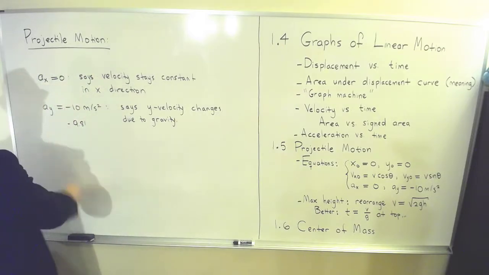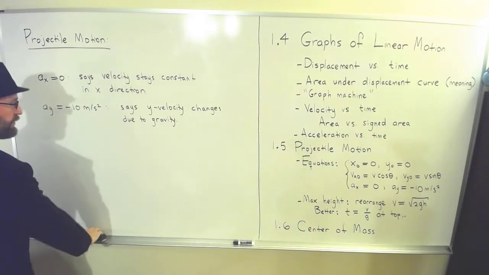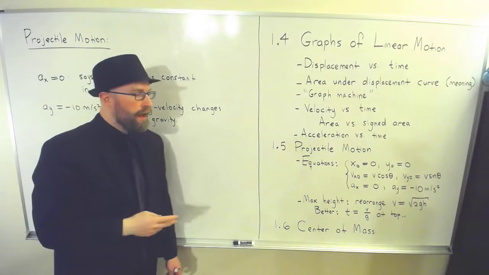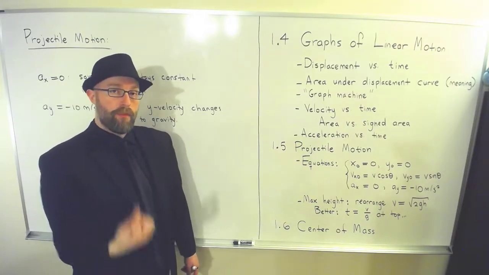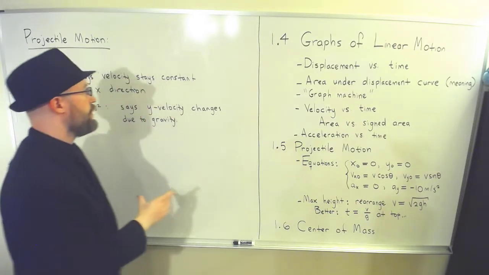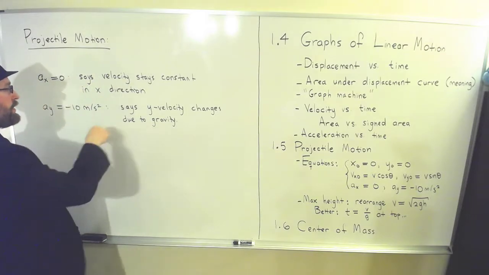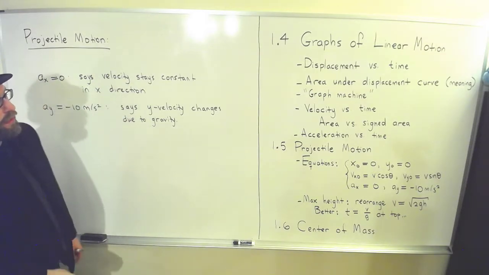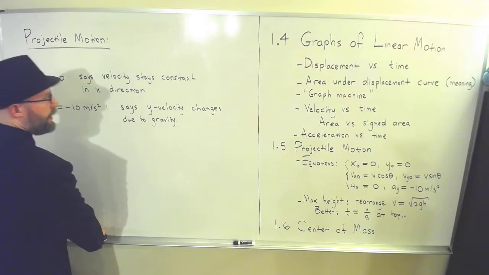And we put the minus sign in there because it's accelerating down, and we agree that the upward directions are positive directions. So when we want to talk about going down, we have to have a minus sign there. So that's what this says.